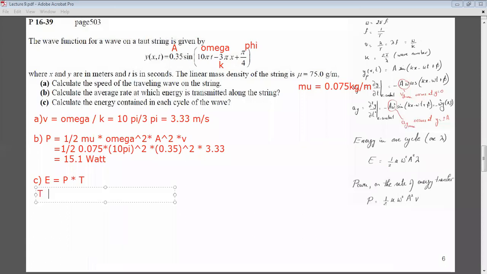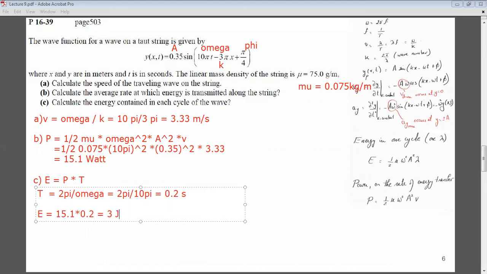Period is 2 pi divided by omega. And this gives me 2 pi divided by 10 pi, which is 0.2 seconds. So energy is power, which is 15.1 times 0.2, and this gives me 3 joules.